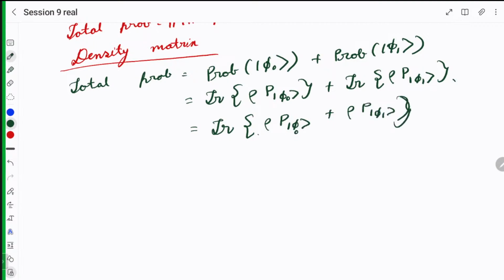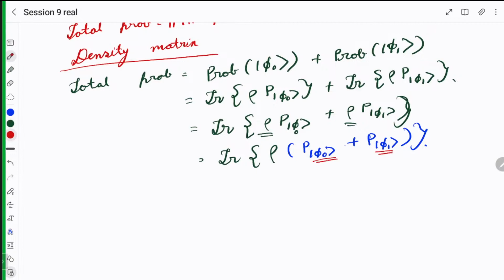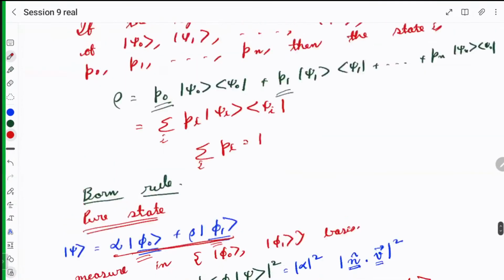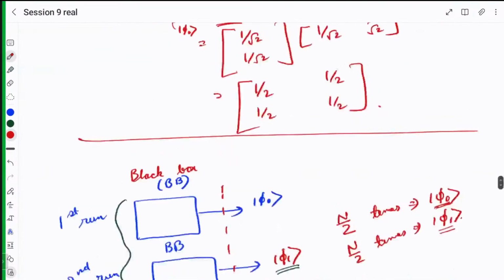And you see rho will be common here, and here we have P phi naught plus P phi 1. Now, this we had seen when we were looking at the properties of projectors: since phi naught and phi 1 are the only possibilities, if you add the projector corresponding to phi naught and the projector corresponding to phi 1, then this turns out to be identity. So this is something we had seen just a while ago.